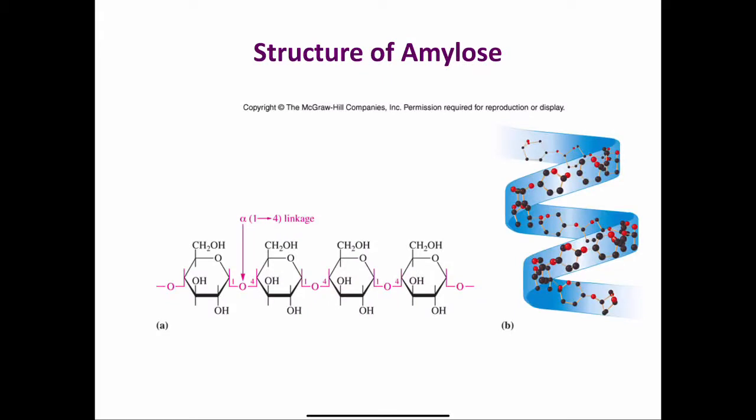The structure of amylose is shown here. Thus, the glucose units in amylose are joined by alpha-1,4 glycosidic bonds, shown here. A single chain can contain up to 4,000 glucose units. Amylose coils up into a helix that repeats every 6 glucose units. The structure is shown right here.